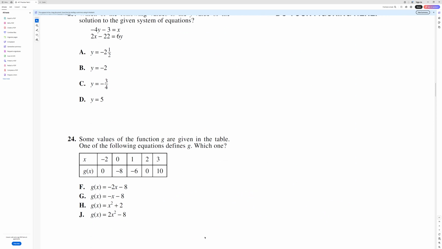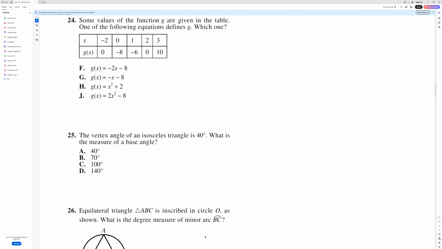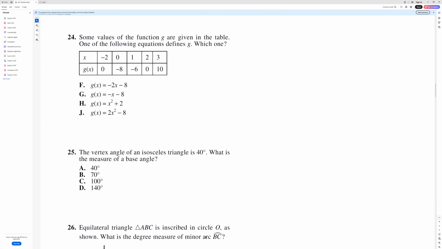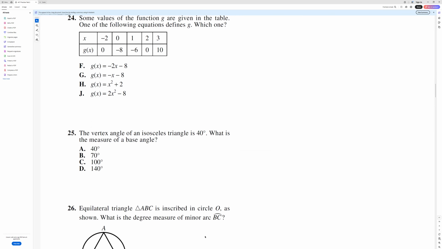All right, let's continue. Which one is which? Let's just grab a point here. This is x, and the bottom number is y. So let's try to see if -2 times the value of x minus 8 is equal to y.